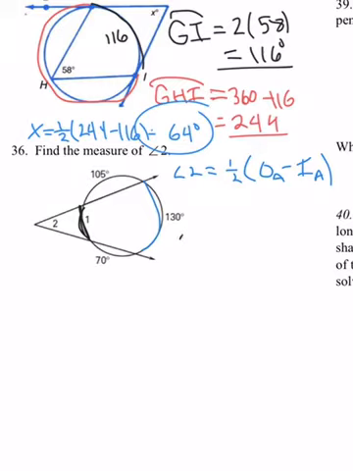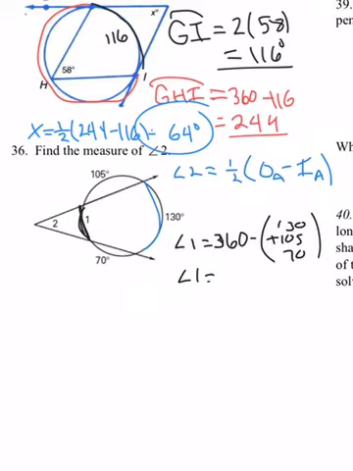And to get that, we must do 360, the full circle, minus these things we have together, 130 plus 105 plus 70. And if you add 130, 105, and 70, you get 305. So arc 1 is 55.